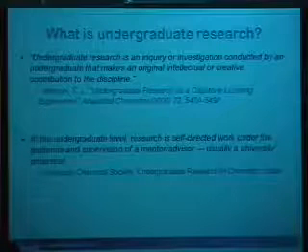This one is particularly nice. Basically, undergraduate research is an inquiry or investigation conducted by an undergraduate that makes an original, intellectual, or creative contribution to the discipline. Now that's a pretty high aspiration that defines it very broadly, that the work should really be original work contributing to the discipline.